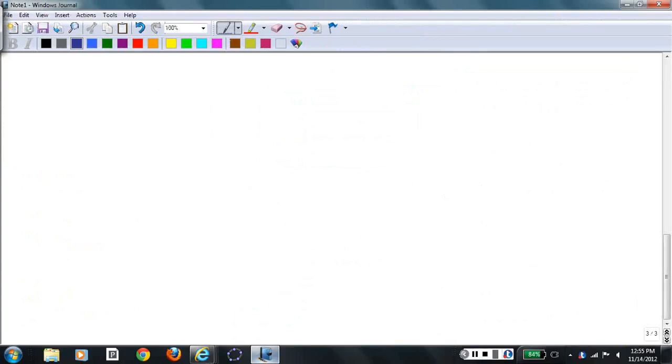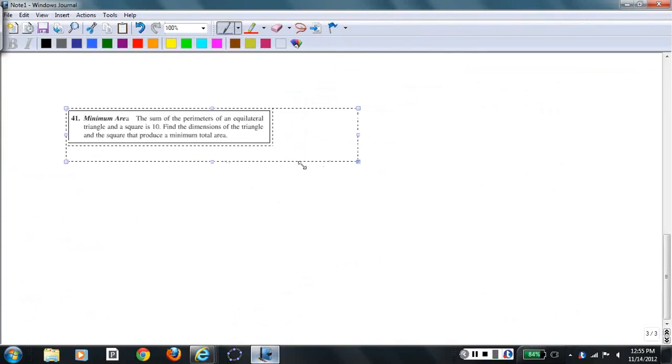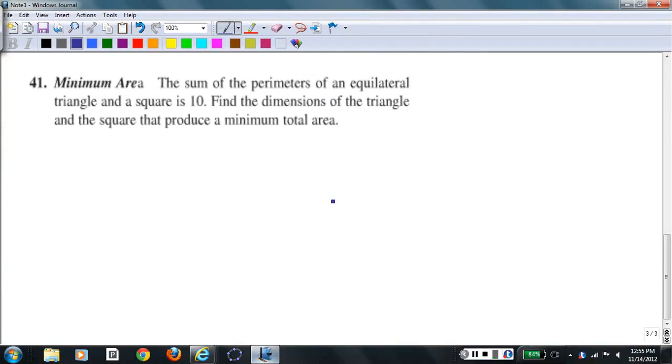What do you think? Sum of the perimeters of an equilateral triangle and a square is 10. Equilateral triangle. So what do we have? S, S, and S, and a square.